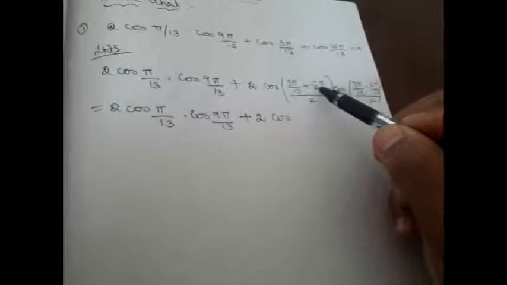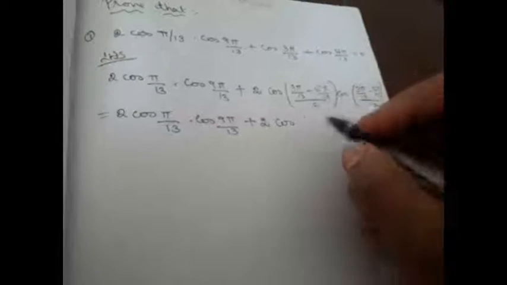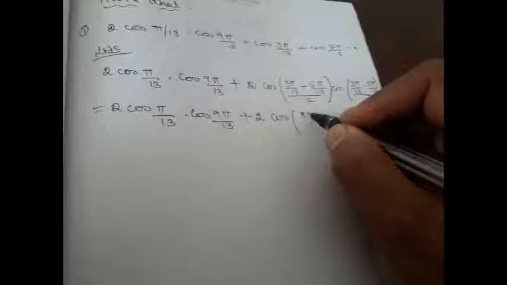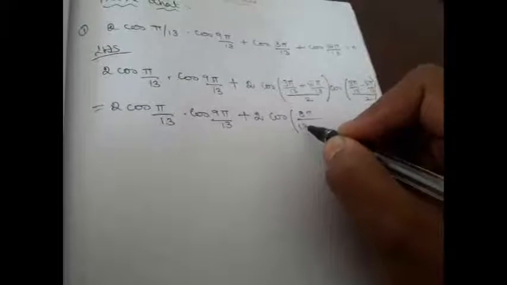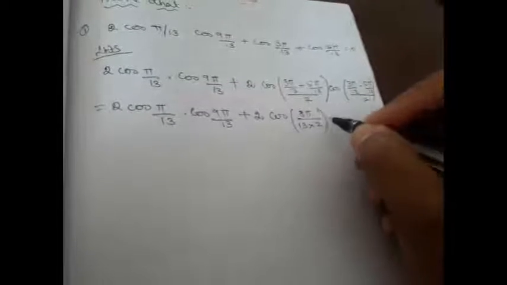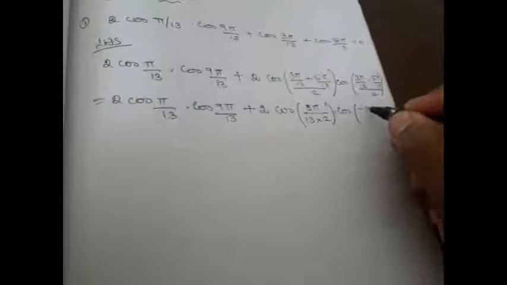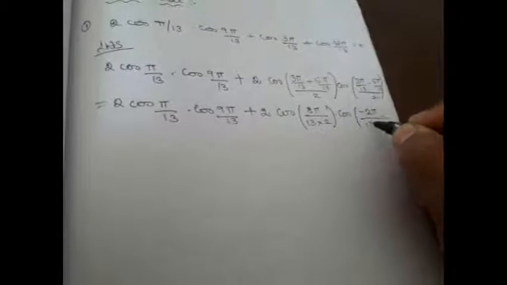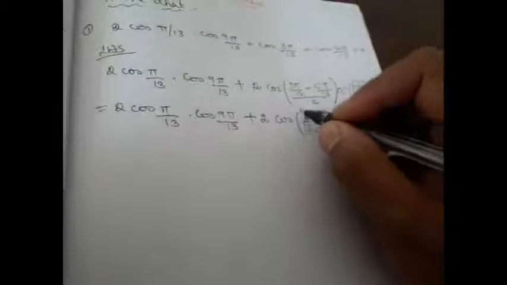You can add the numerators. 5 plus 3 becomes 8 pi by 13, and this 2 goes to the denominator. Then 2 into cos of 3 pi minus 5 pi, which is minus 2 pi, divided by 13, and again the 2 comes to the denominator. Now you can cancel these two and this will become 4.